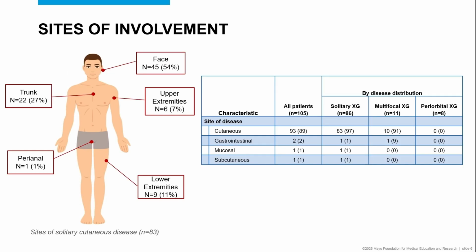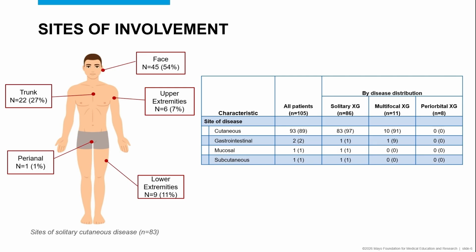Okay, so now going down into the different sites of involvement. On the left is a mannequin that shows the distribution of disease for patients who had solitary cutaneous disease, which is the vast majority of patients in our cohort. On the right, there's a table that breaks down where the disease is present across the different subtypes. Again, you can see in patients with solitary xanthogranuloma, the vast majority had cutaneous disease, which is consistent with prior data.